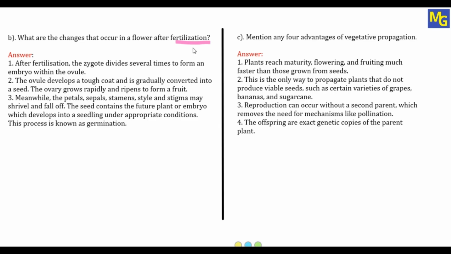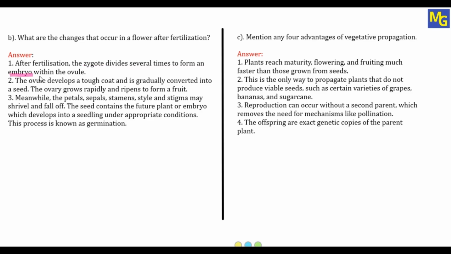Number one, after fertilization, the zygote divides several times to form an embryo within the ovule. So what is fertilization? Nothing but fusion of a pollen grain and the egg, male and female gamete. Once it gets fused, the zygote will be formed, and this zygote will start dividing several times and then convert into an embryo in the ovule.